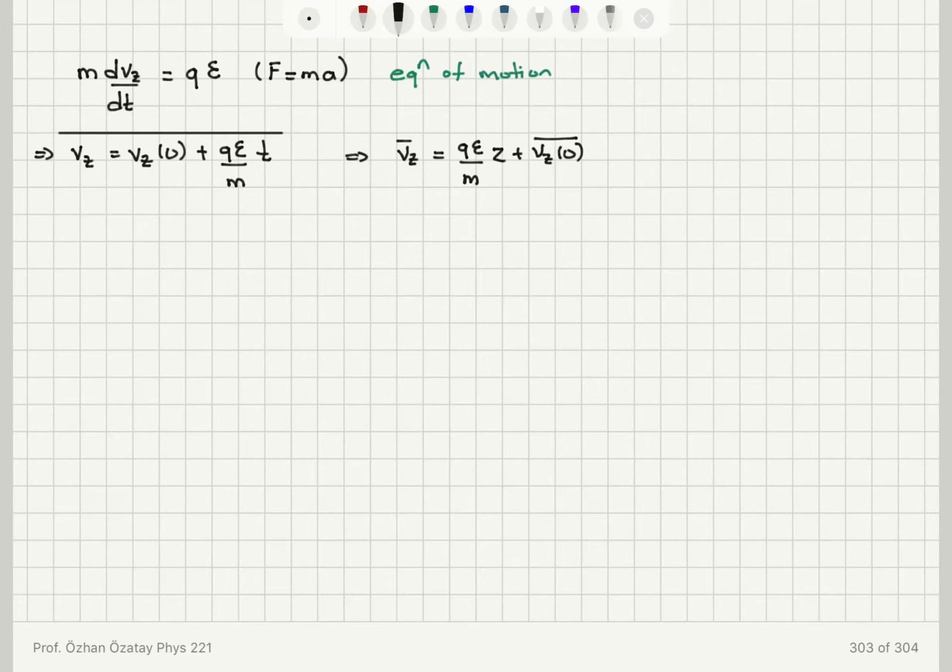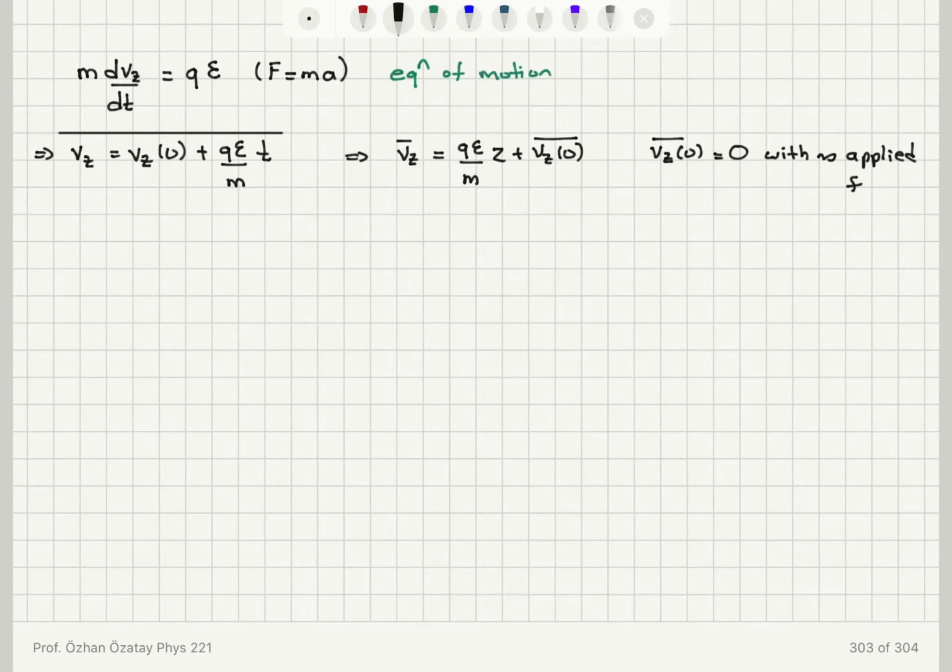So tau is the mean free time, the time between two successive collisions, and that's the time interval in which we can have a change in the velocity. And after each collision, we come out with a random direction of velocities. So this is going to be 0 with no applied field.